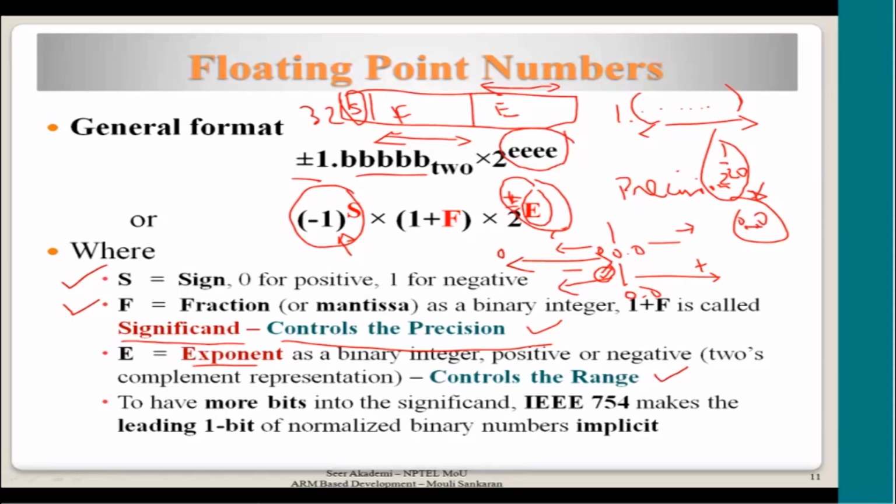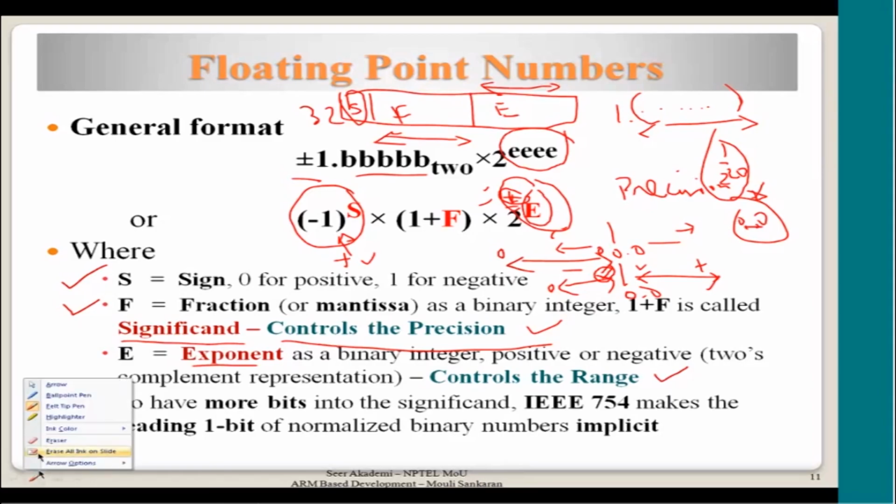But if the exponent is positive, it is falling on this other side of the negative number. That means it's either a huge, large negative number or a very small negative number. Similarly, that is true on the positive side. Suppose this is positive, then this plus minus tells you whether it falls on this side or this side. So there are four ranges, with two positive and negative signs for that. You should be clear about this.